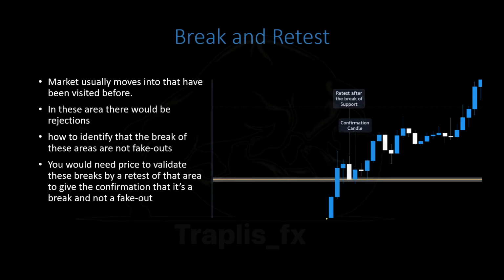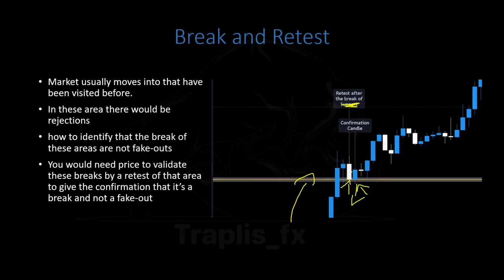So we can see price came above, you had this bearish candle that closed above the area, which you can see retest after the break of the resistance. Candle confirmation, this candle gave us the confirmation that yes, the break is valid because it did not go below.